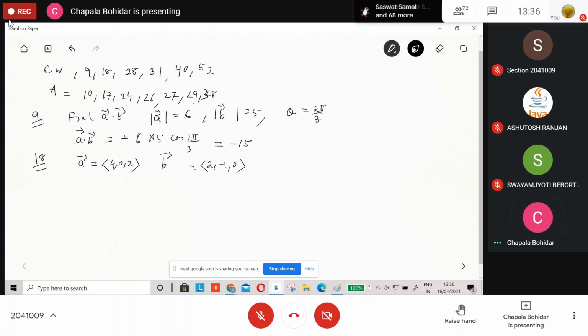Further, find out the angle between. Theta is equal to cos inverse something. Find out. What did you get as the answer?